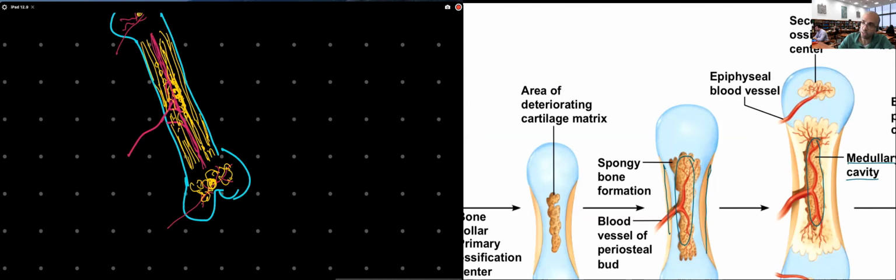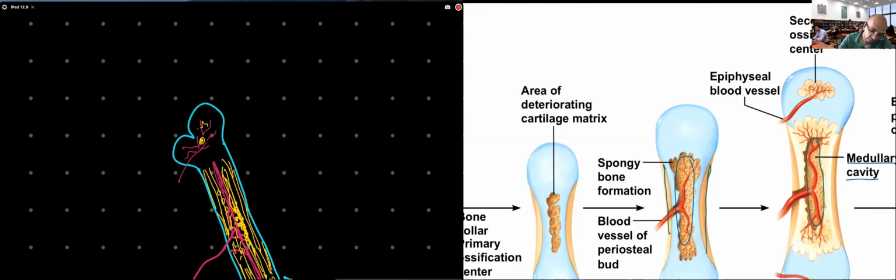But as I move away from those tiny vessels, I will be able to build up compact bone on the outside. So I have spongy bone on the inside because I'm trying to avoid those little vessels. And as I move away from the vessels, I will be able to form my osteons, building up my compact bone layer.